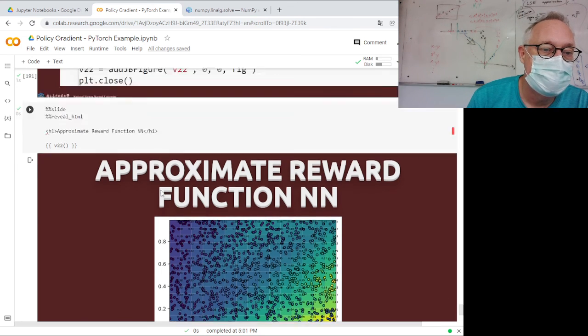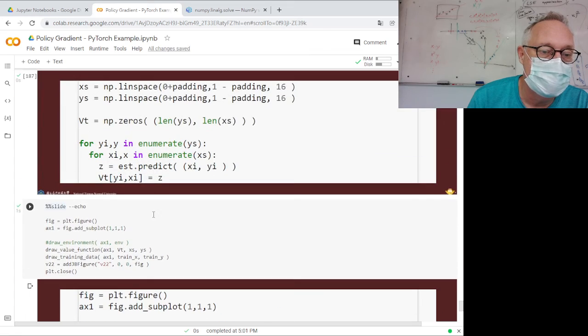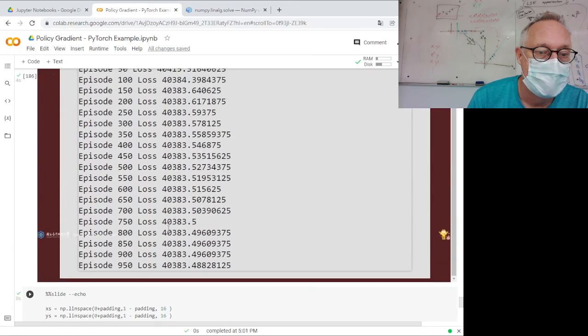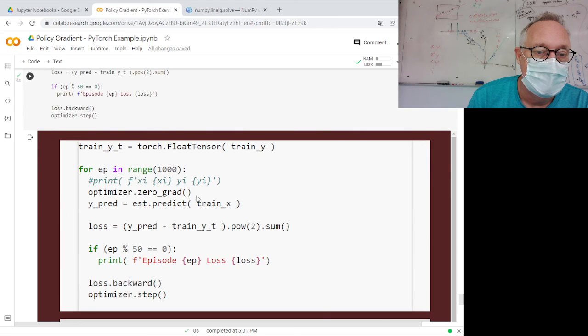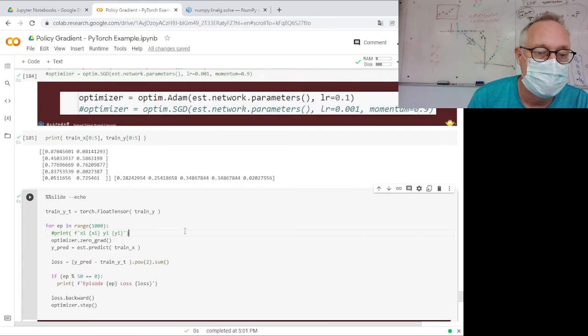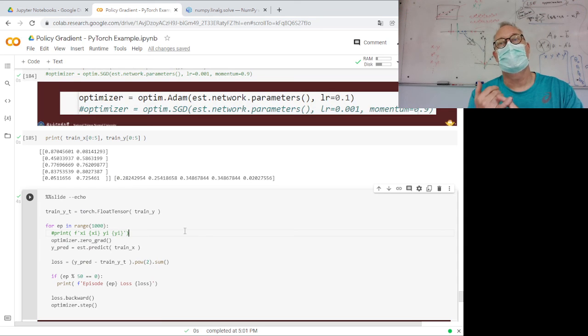Well, in this case, I made it really hard on the algorithm, right? It has to learn a lot more than the linear approximation, because for the linear approximation, I told it that I'm interested in x, y, x multiplied by y, x squared, y squared, right?